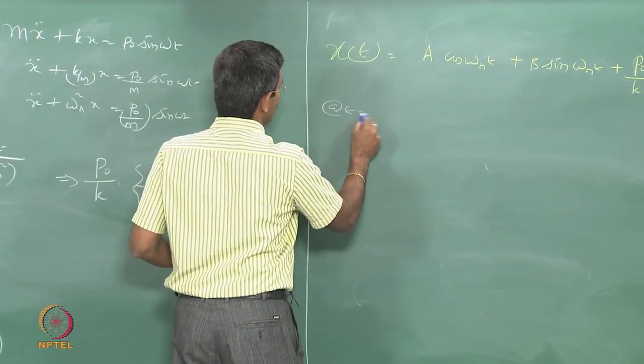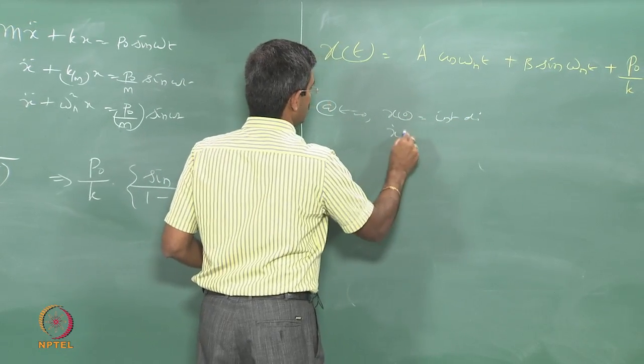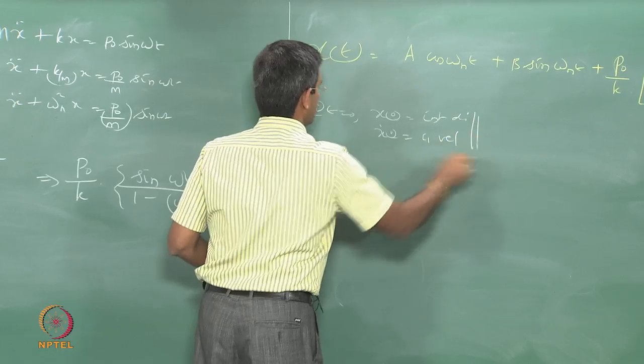So, at t is equal to 0, x 0 is the initial displacement and x dot 0 is the initial velocity.